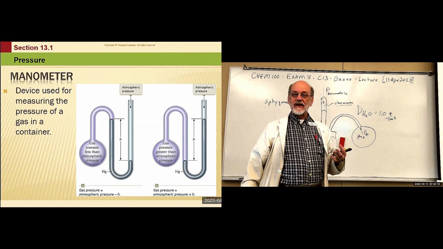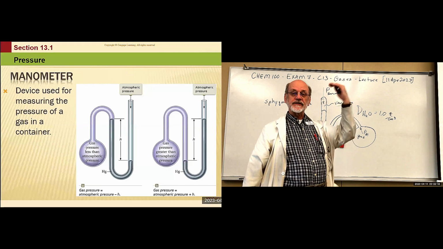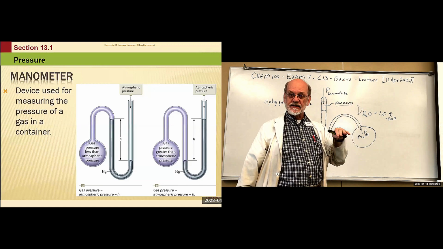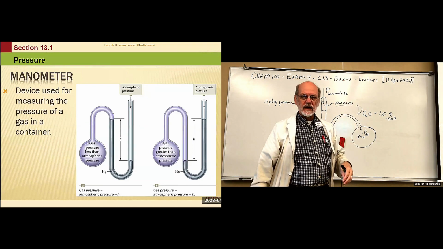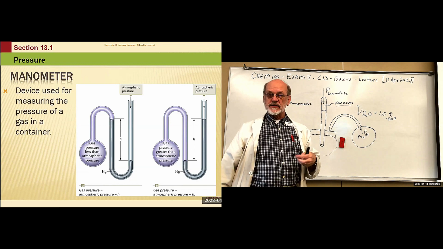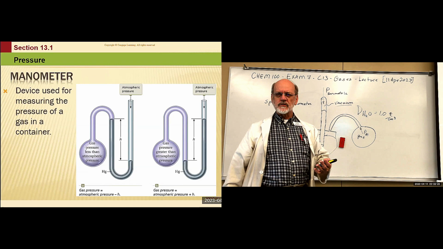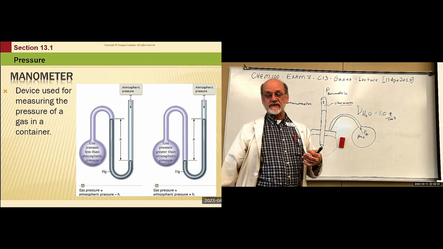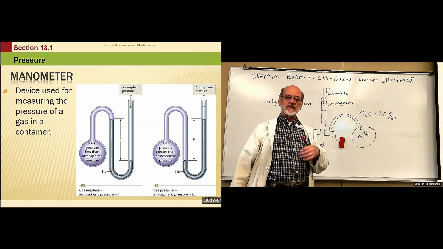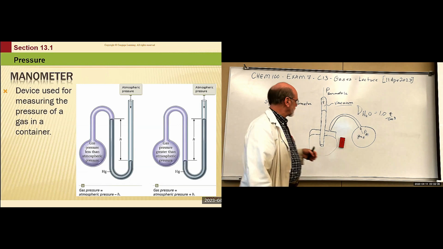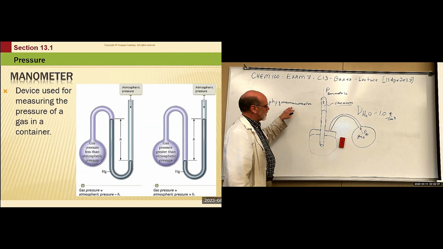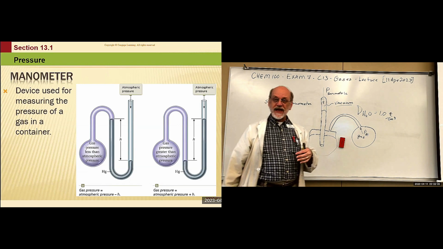And you could tell what the person's blood pressure was; the systolic pressure would be the high, the diastolic would be the low. Nowadays, we use a substitute so that we don't have to deal with mercury. We use what's called an aneroid device. Aneroid means no liquid. So an aneroid sphygmomanometer is the kind that we use now.